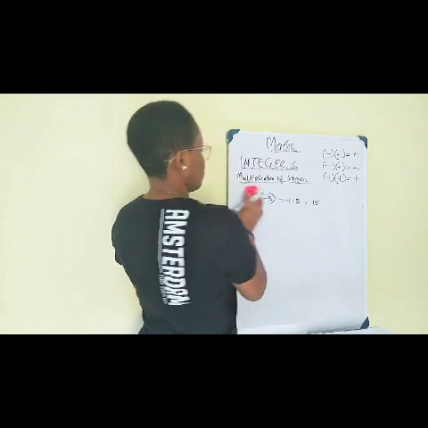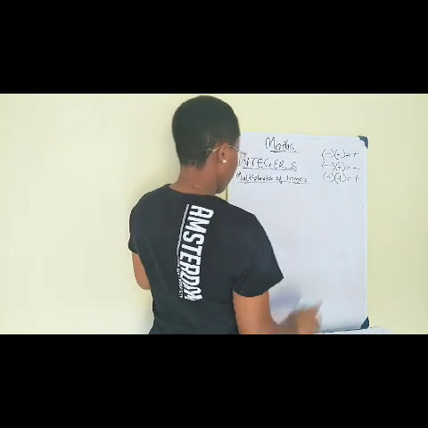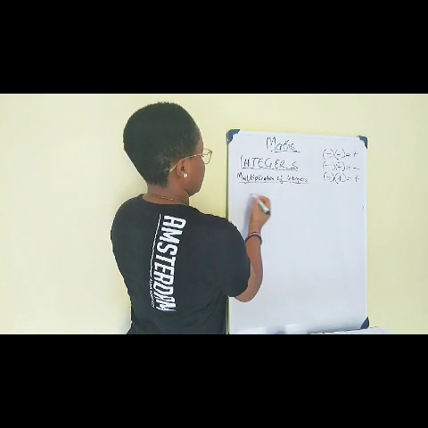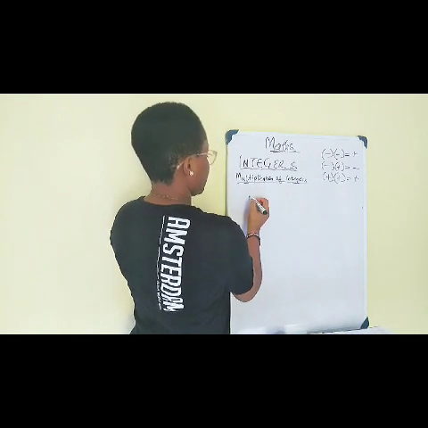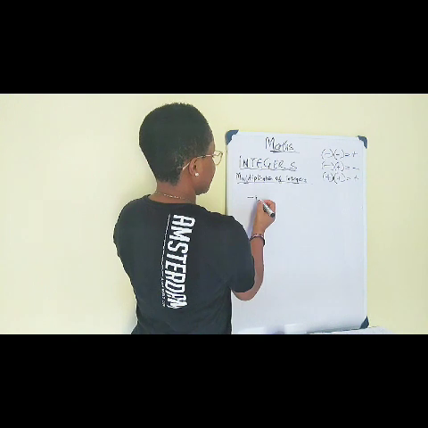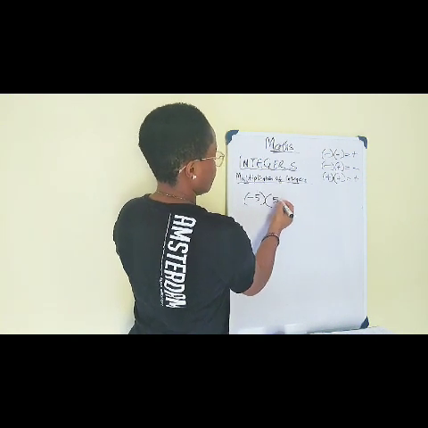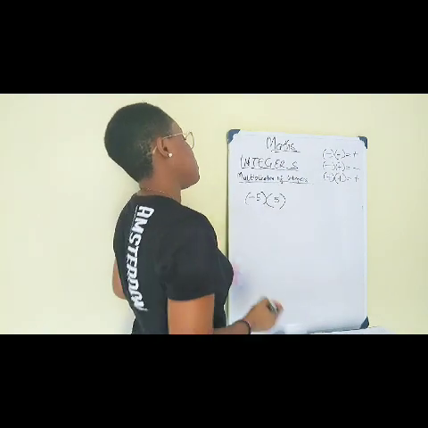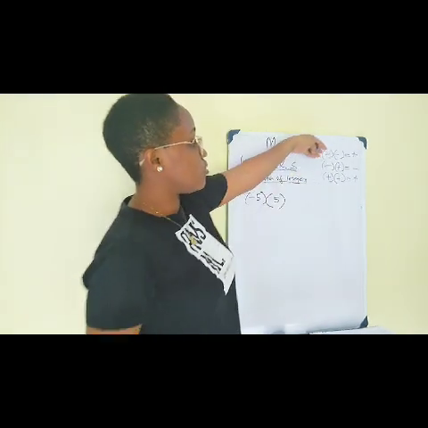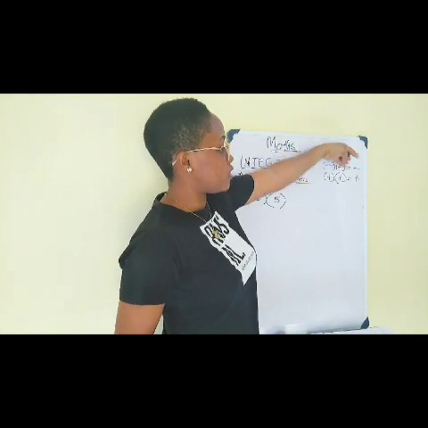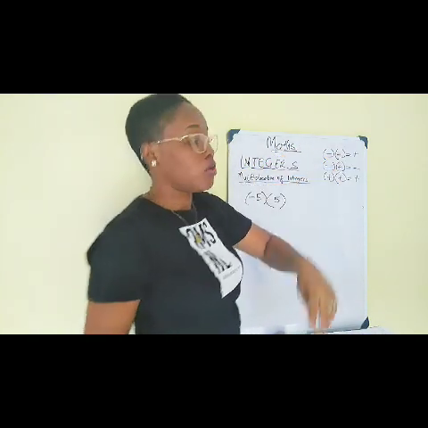Let's do another one. So let's say you have negative 5 times positive 5. From our rules, we know that a negative multiplying a positive will give us a negative outcome.